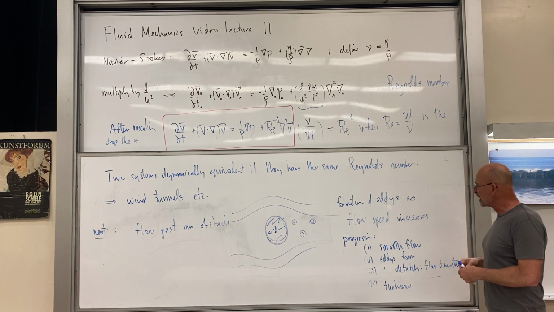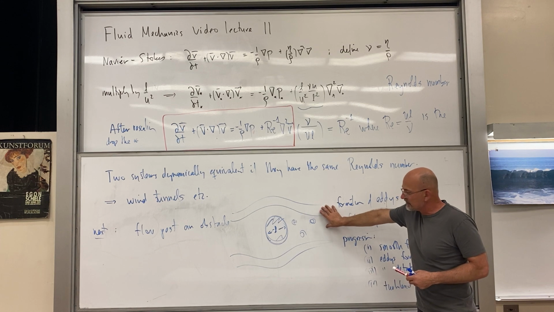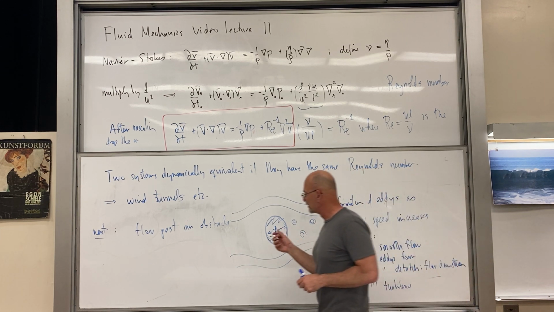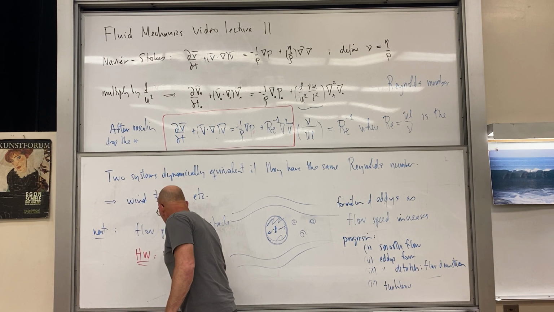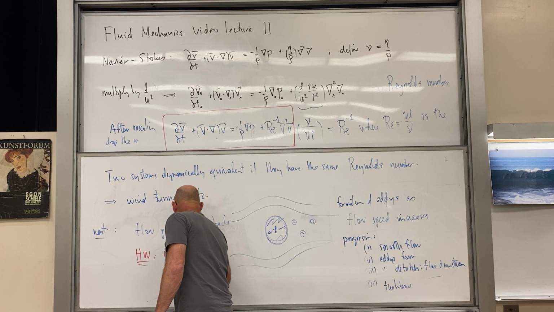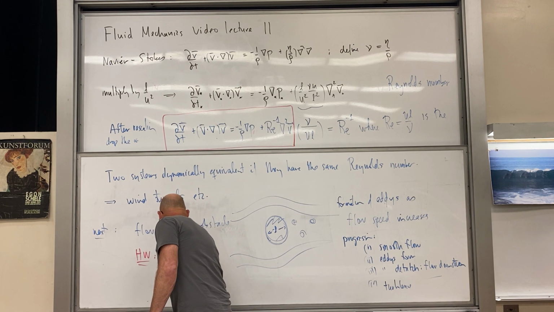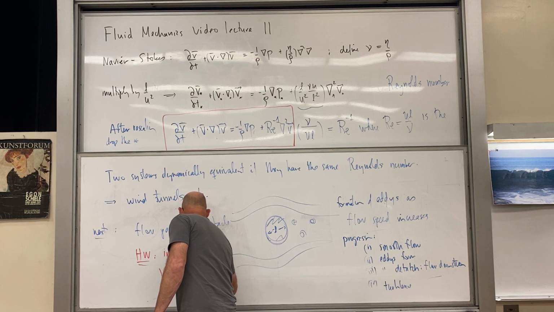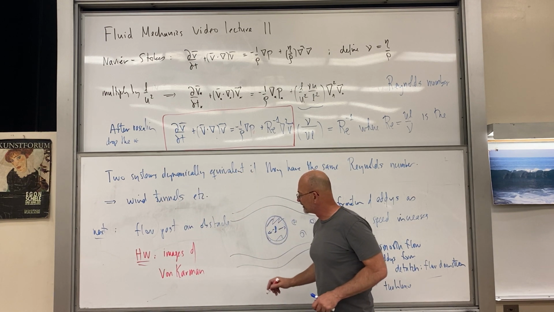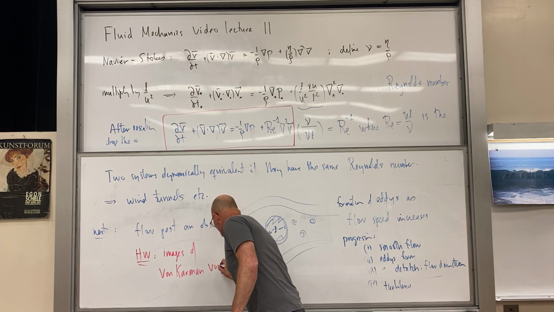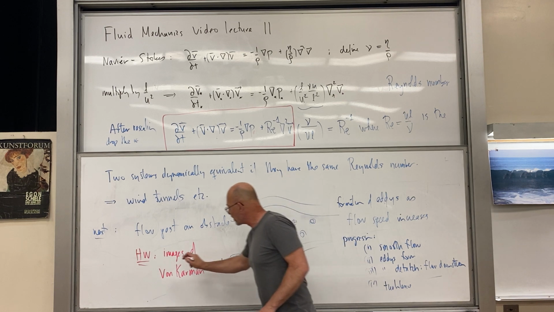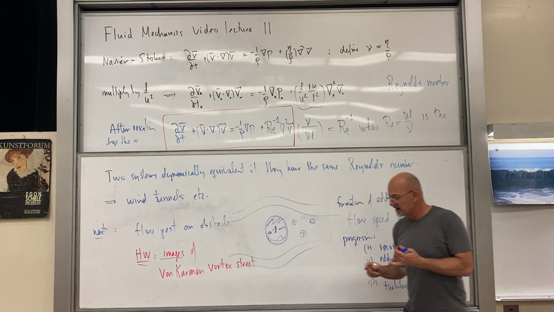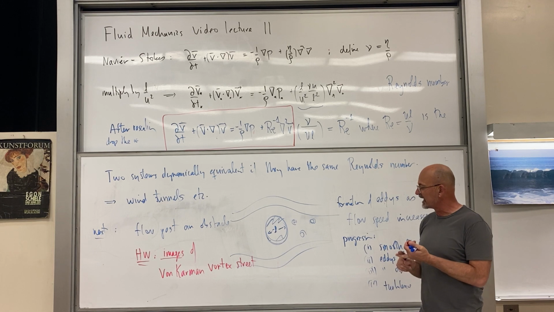Now, another thing you can look up is what's called the von Karman vortex street, a rough description of which I've given. So homework here: you also want to look up and get images of the von Karman vortex street, named after von Karman, a great fluid dynamicist. And here's what I want you to do. You want to get images of computer simulations. You want to get images of smaller and larger scale.